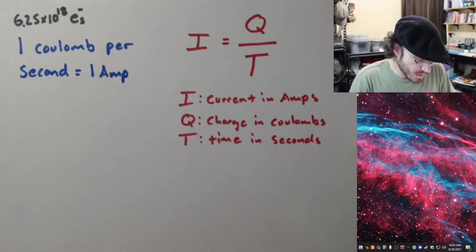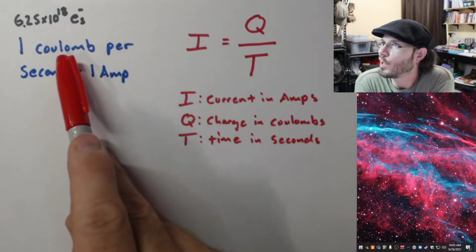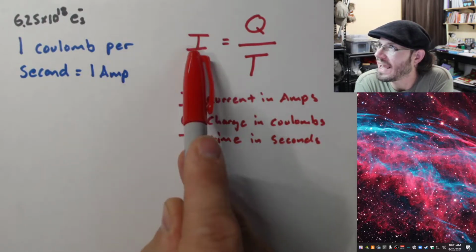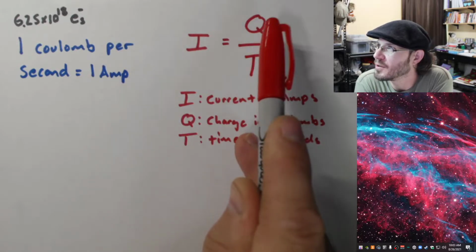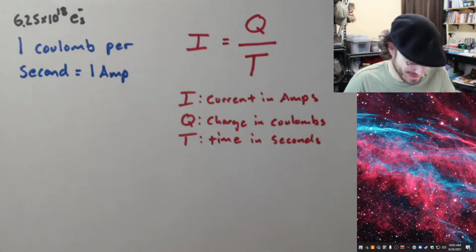Okay, these two are the same thing. 1 coulomb per second equals 1 amp. 1 amp equals 1 coulomb for 1 second, right?